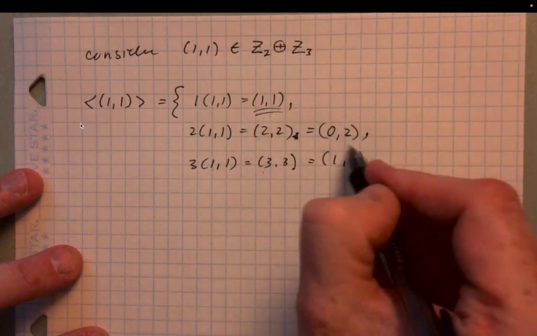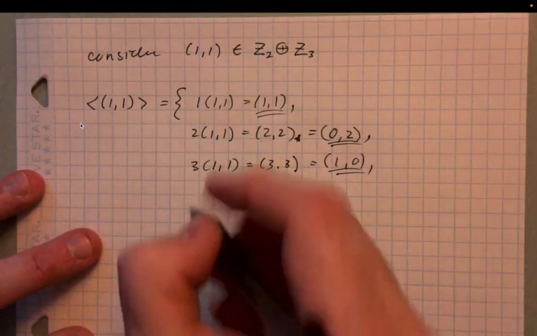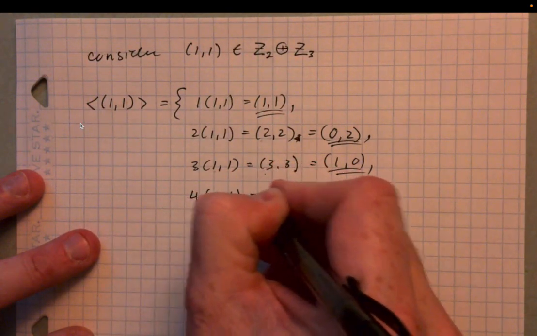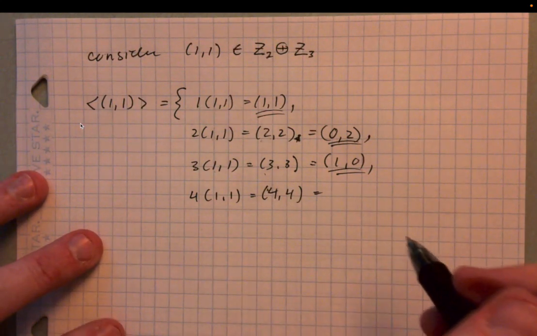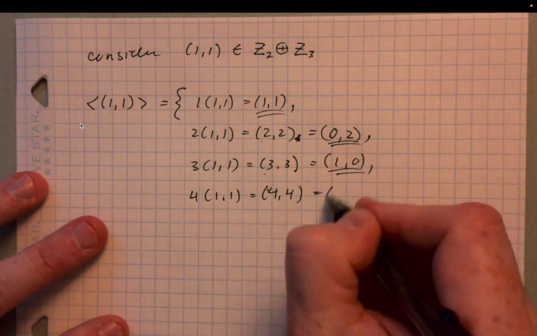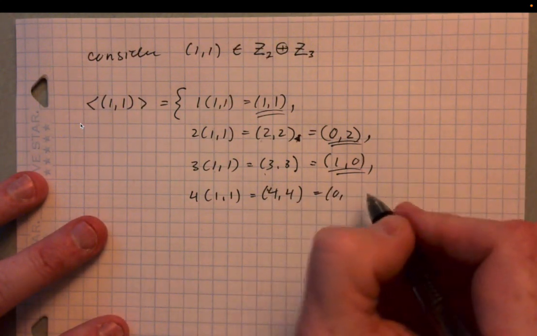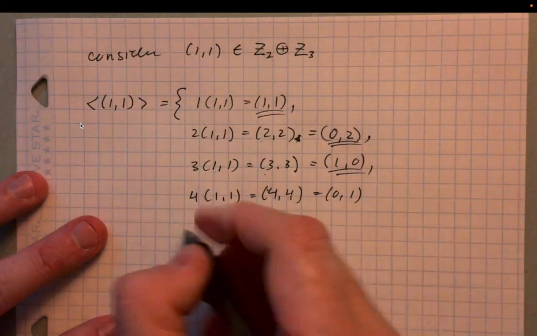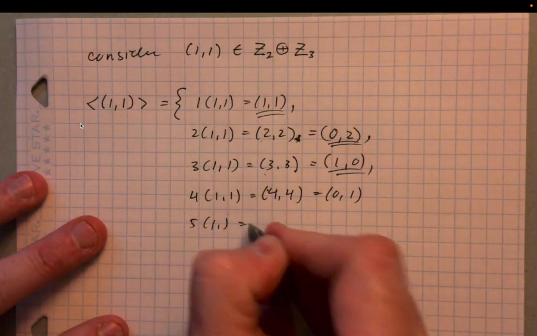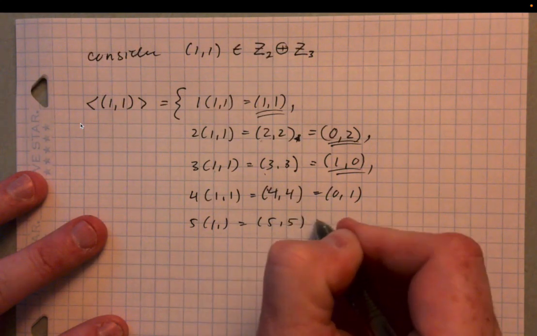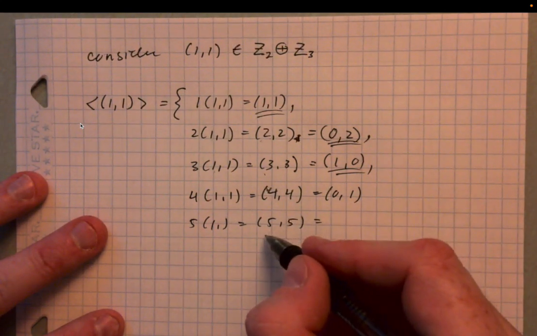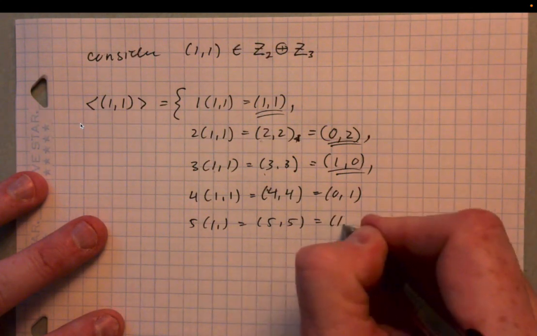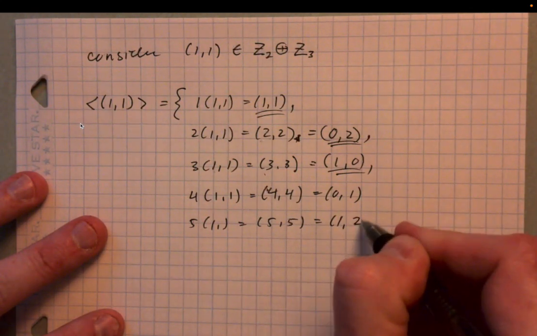Okay, so we've got these 3 elements so far. What about 4? Well, that's 4, 4, which is 4 mod 2 is 0 and 4 mod 3 is 1. And then 5 times 1, 1 is 5, 5, and that is 5 mod 2 is 1, and 5 mod 3 is 2.